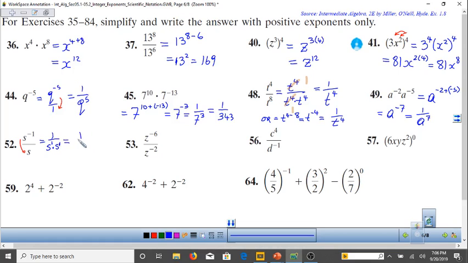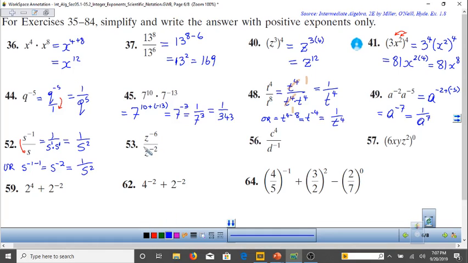And that gives you 1 over s squared. Or you could say this is the same thing as s to the negative 1 minus 1, which is s to the negative 2. And that's the same as 1 over s squared. Either way gives you the same answer.